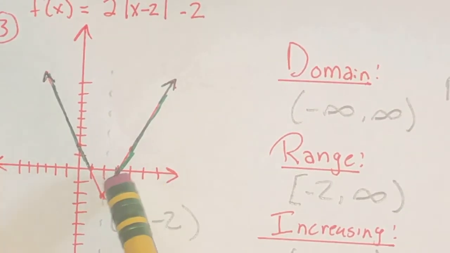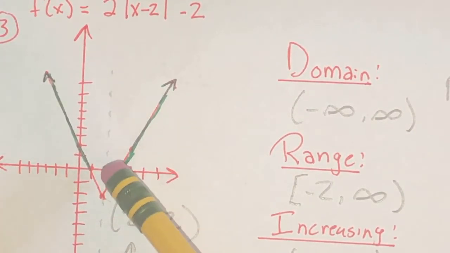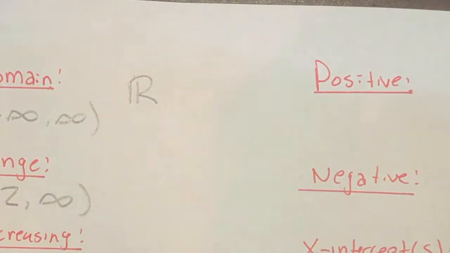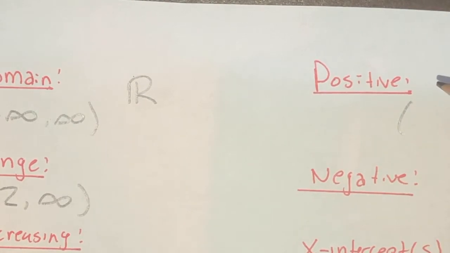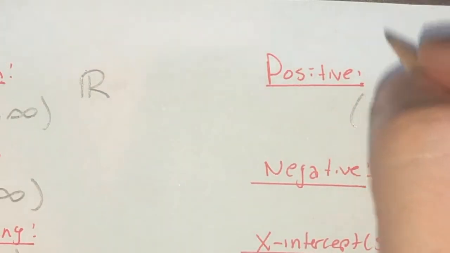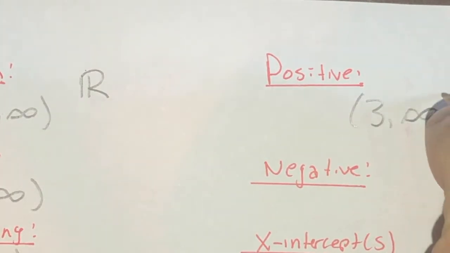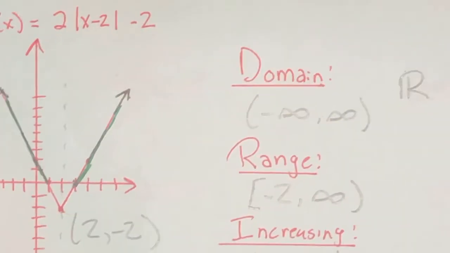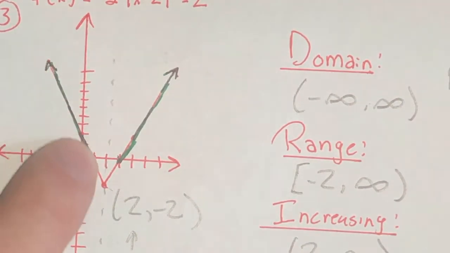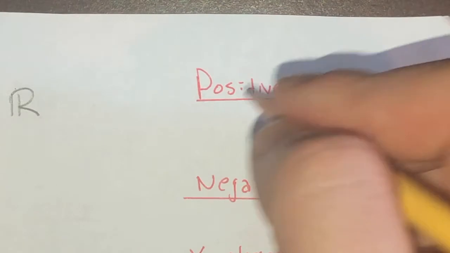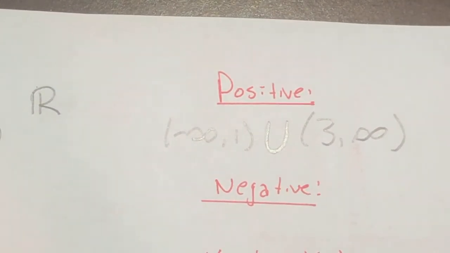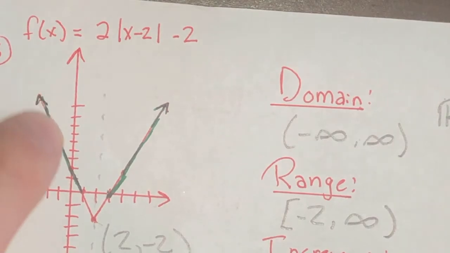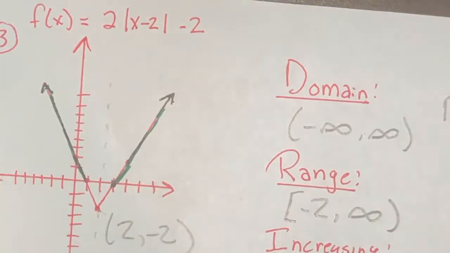Here's the positive part: from x equals 3 to x equals infinity, and from negative infinity to 1. Those two intervals: negative infinity to 1, 3 to infinity.